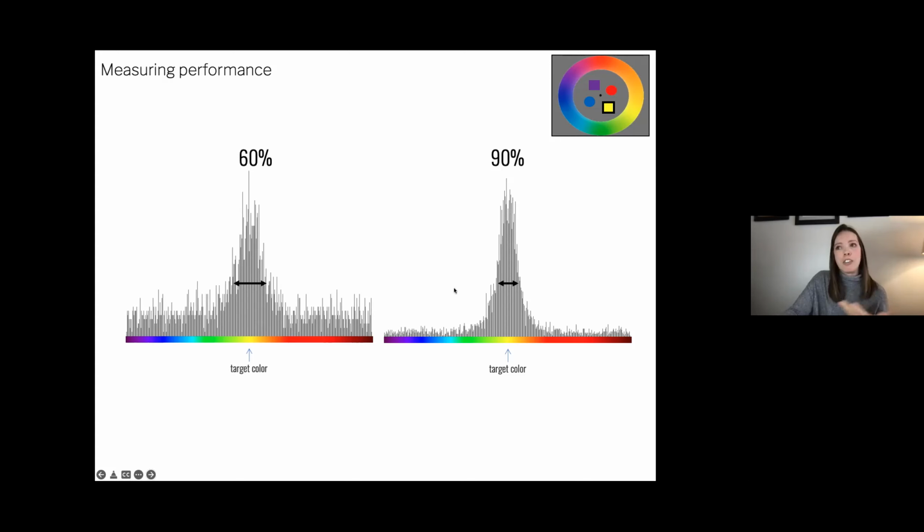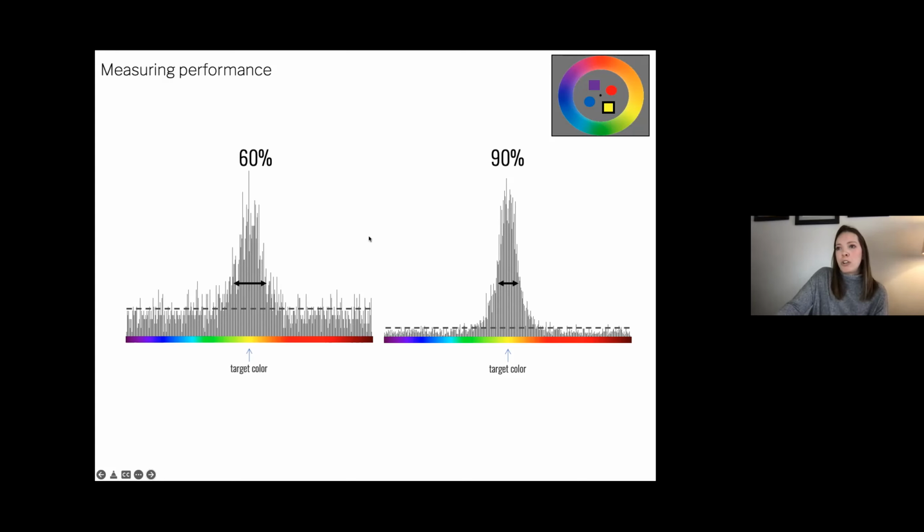A standard mixture model, for instance, allows you to have separate estimates of guess rate, which is this uniform distribution that is a straight line across the entire distribution. The height of this uniform distribution is the probability that a participant is guessing in a given condition, because if a participant is guessing in a situation like this, they're equally likely to select any of these colors along the wheel.